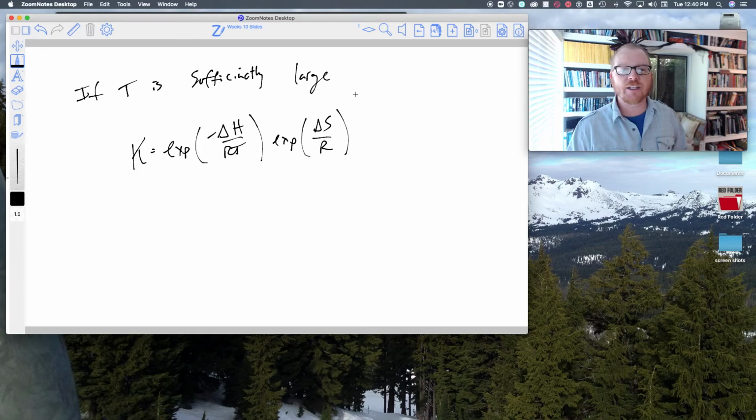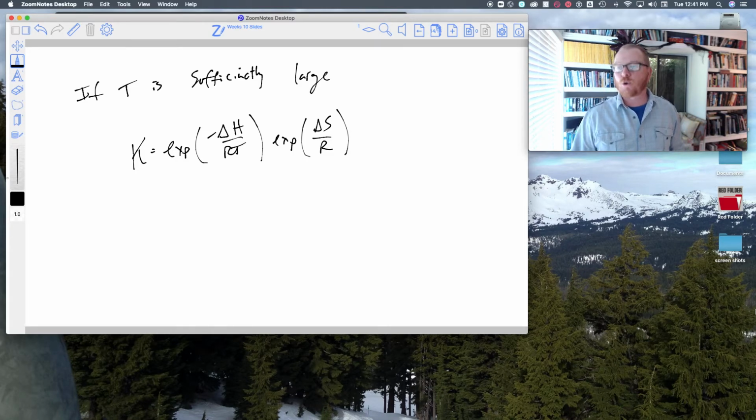If T is sufficiently large, then if you think about it, what that means is this term will be small. So even though it might be endothermic, which might favor reactants, if T is sufficiently large, there's enough thermal energy to still drive that reaction spontaneously on to products, okay?